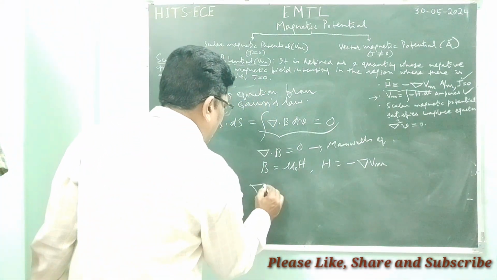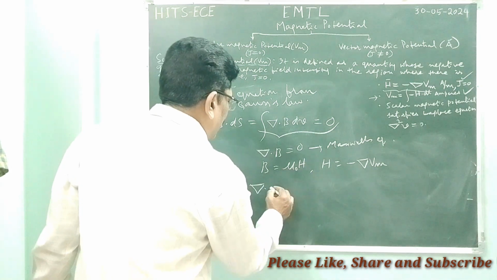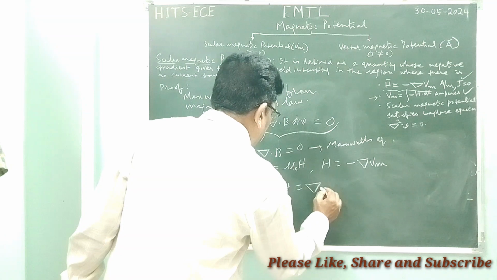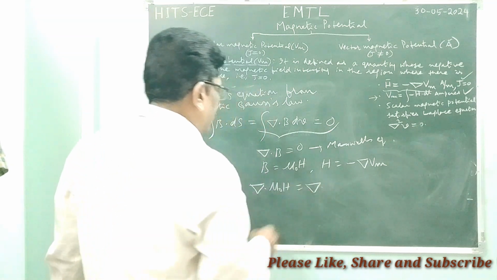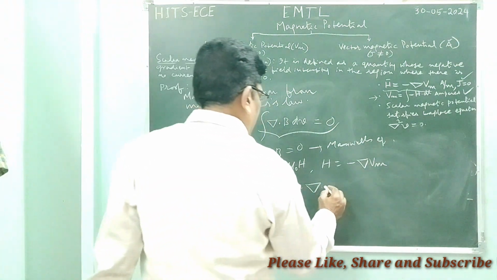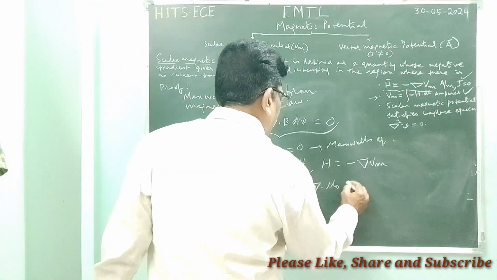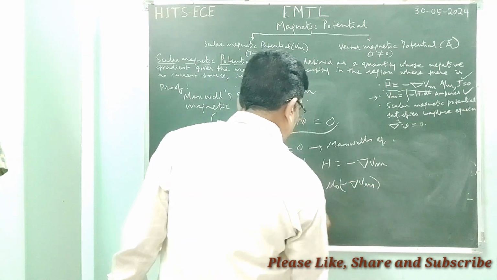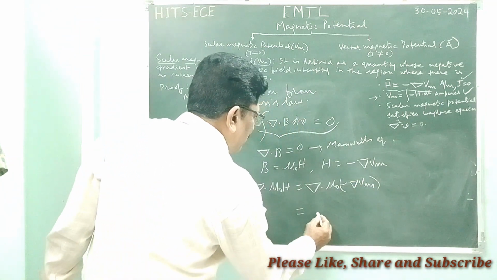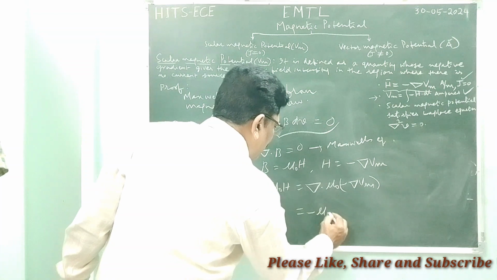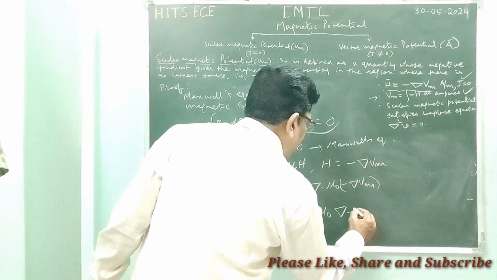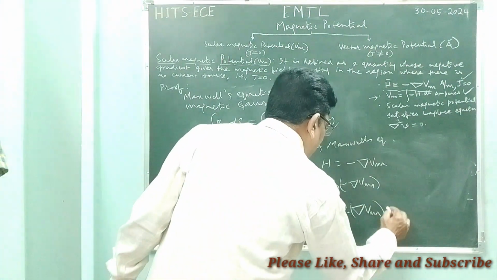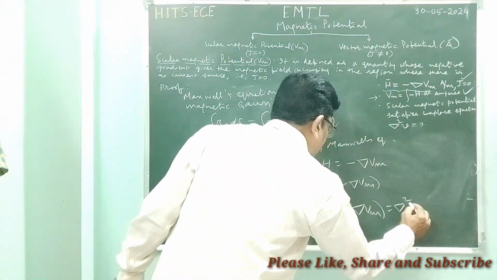Then del dot B is equal to del dot mu 0 H, which is equal to del dot mu 0 times minus del Vm. Taking out minus mu 0, it will become minus mu 0 del dot del Vm.